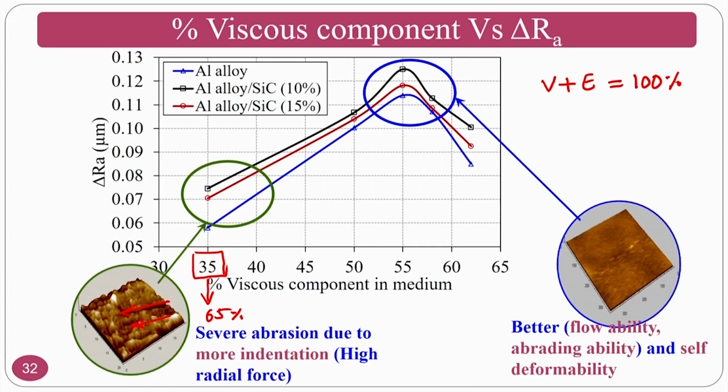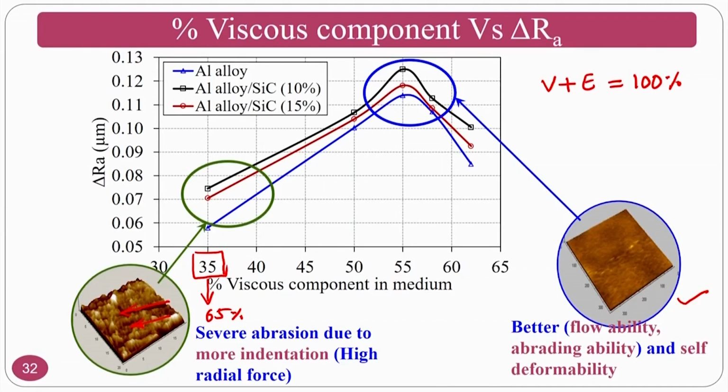That is why the change in roughness is less. At 55, normally what you experience is a very good surface. This is because you have a sufficient amount of elastic component and viscous component, and you are going to abrade uniformly across the surface with better flowability and better abradability. That is why you are going to get a better surface finish.